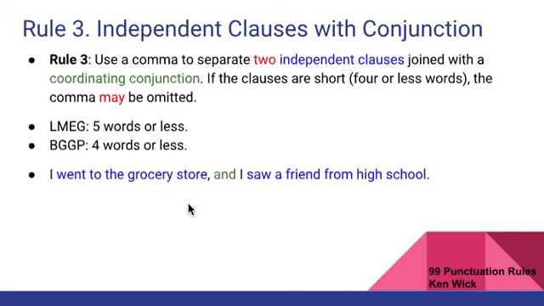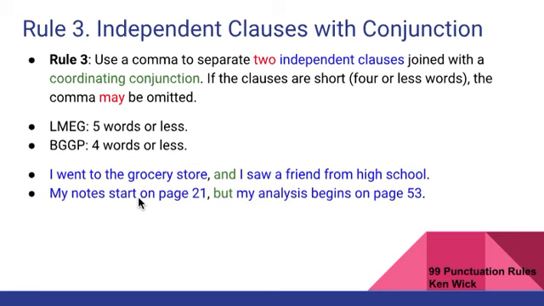So in some examples of this rule number 3, the two blue highlighted parts are independent clauses. I went to the grocery store, and, as a coordinating conjunction, I saw a friend from high school. So you see two independent clauses with a coordinating conjunction, then you separate them with a comma right here.